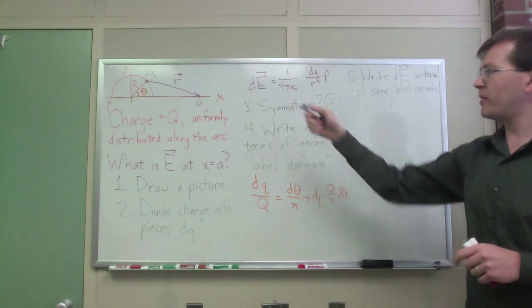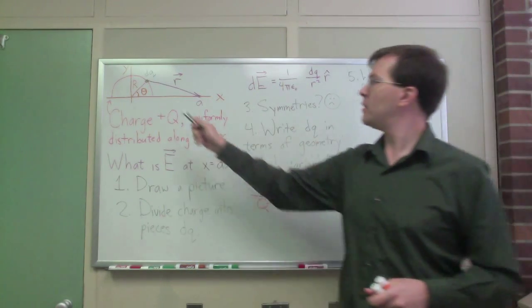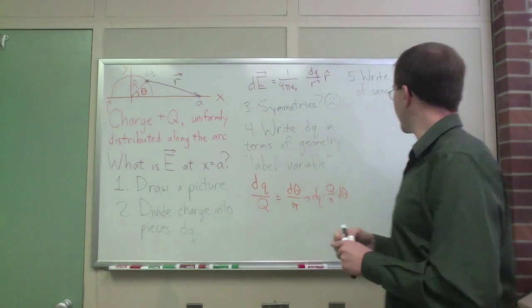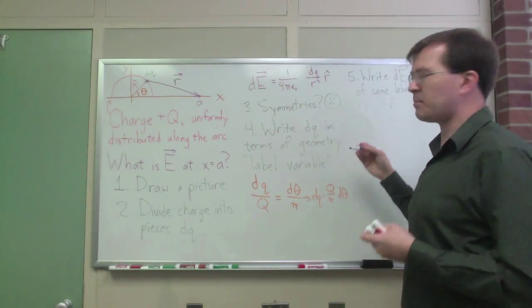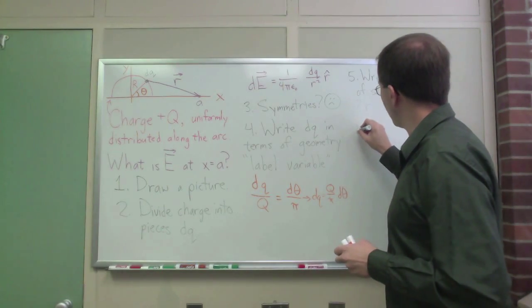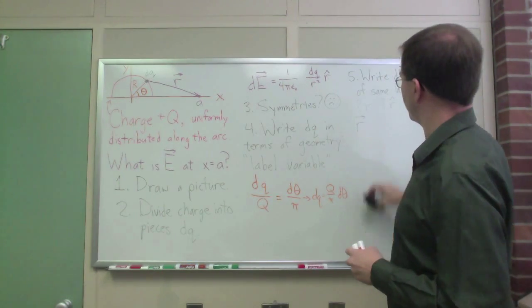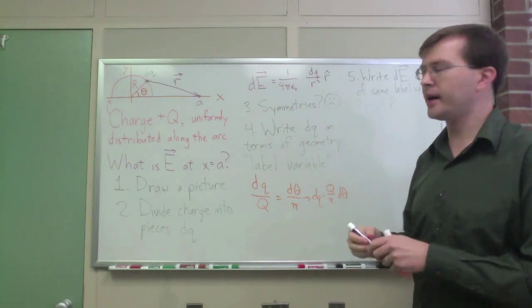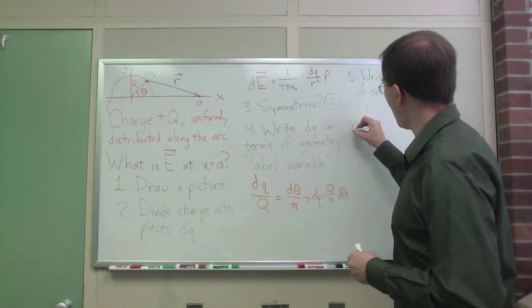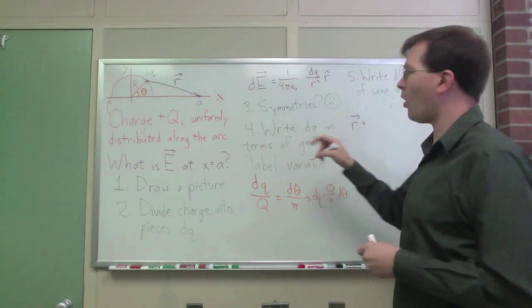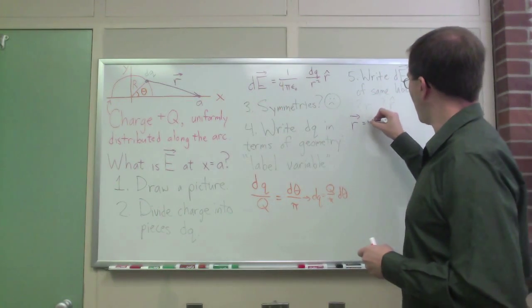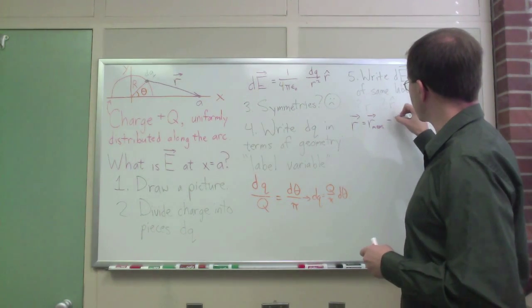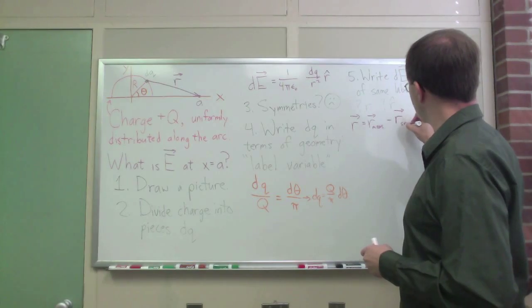I know that my vector r goes from my source point to my measurement point. So I can say that r vector in my picture, maybe I can make this purple to give me an excuse to get rid of this black marker that's dying, is always going to equal r, the position of my measurement point, minus the position vector of my source point.